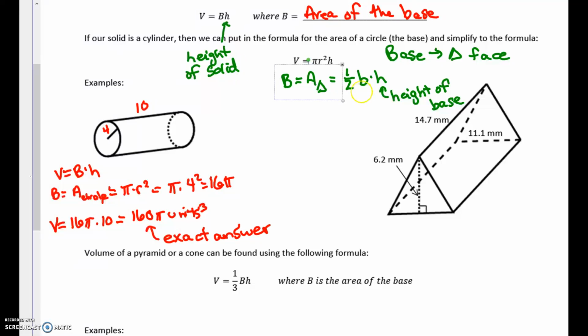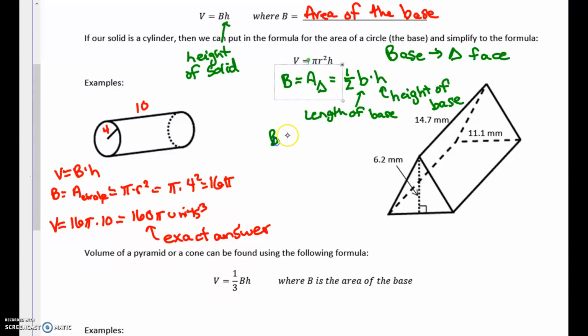And this lowercase b right here is a length, a linear measurement. It's the length of the base of my triangular face. It is not the same thing as capital B. Clearly it's not, because we need lowercase b in order to find capital B.